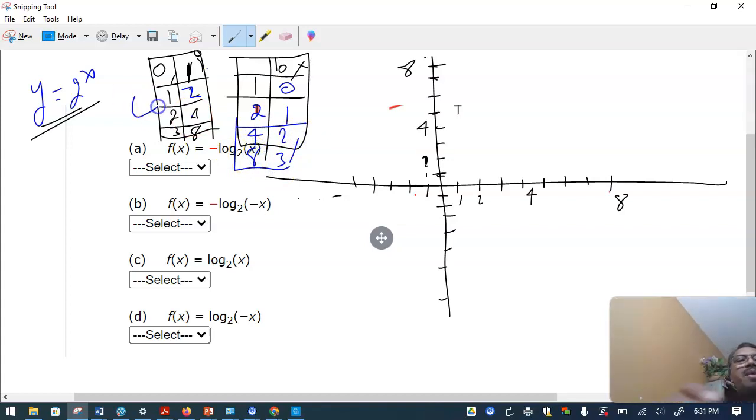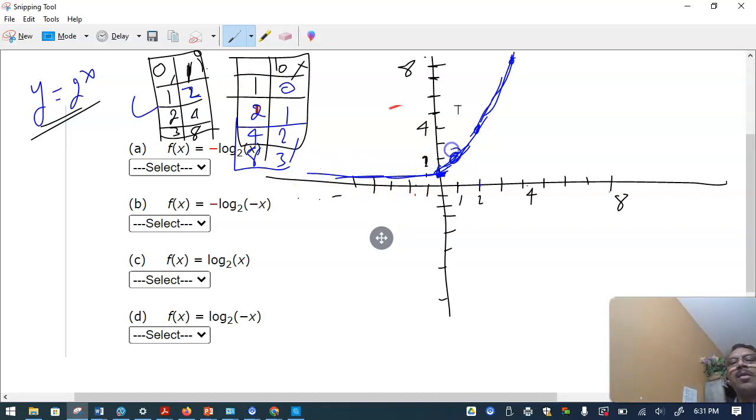So let's graph this. 0 goes to 1, this is the point. If it is 1, it is 2. If it is 2, it is 4. If it is 4, it is 8. Even though I did not draw it perfectly, this is the graph of the exponential function.